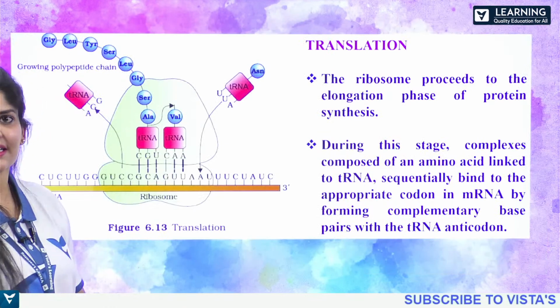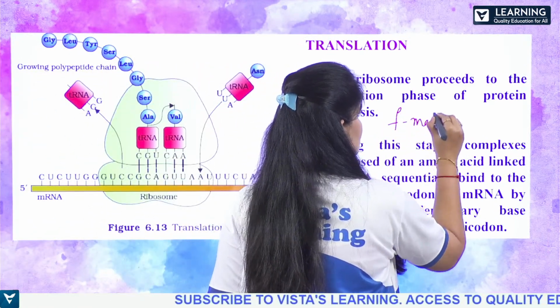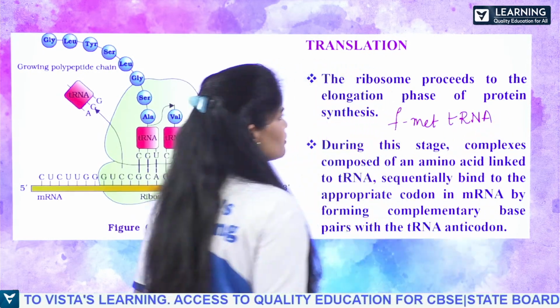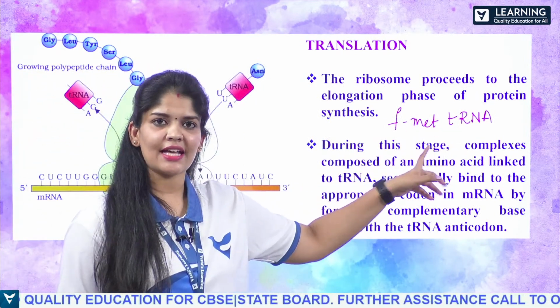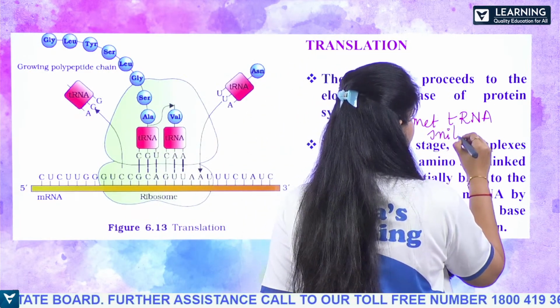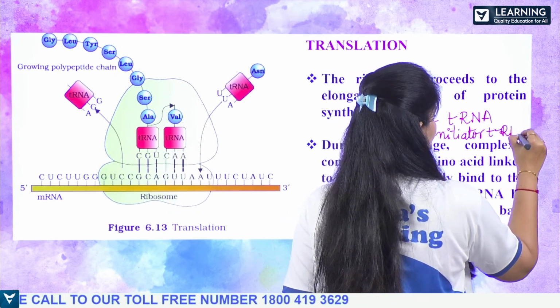That initiator tRNA is nothing but F-met tRNA, that is formyl methionine tRNA, which acts as the initiator tRNA.